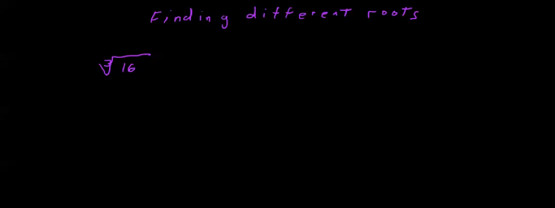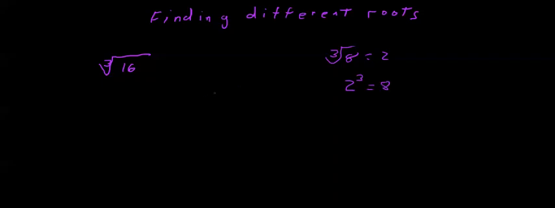So to find the cube root of 16, we want to know, for instance, the cube root of 8 is 2 because 2 to the third power is 8. All right?